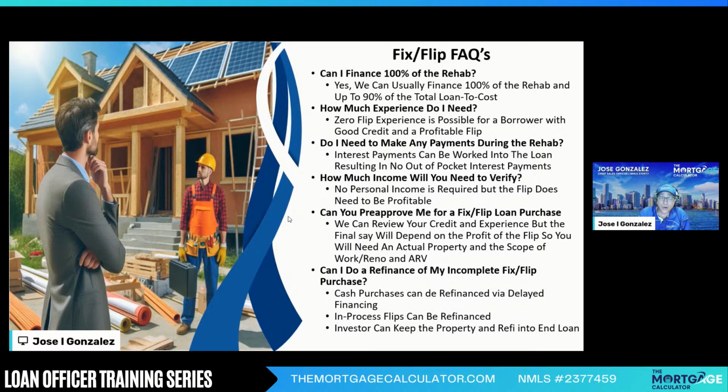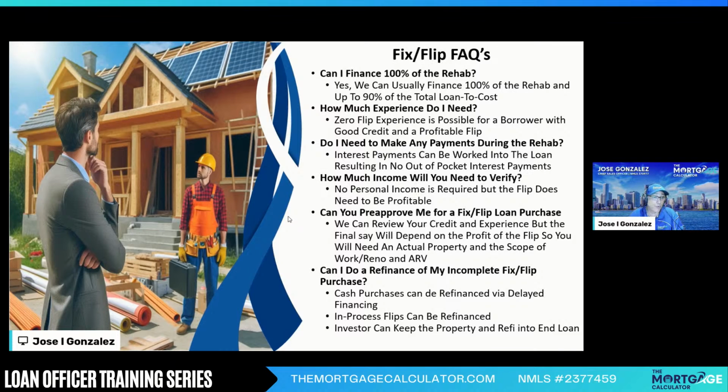But the key to note here is when it's an in-process flip, they may make the borrower put some additional skin into the game, right? There may be some additional liquidity requirements or some additional conditions, because they already proved the first time that, if they ran out of money, it's not a scenario of, sure, I've got money, I just want to refinance it.